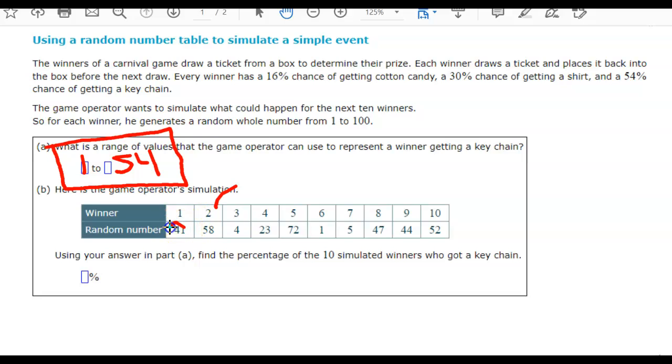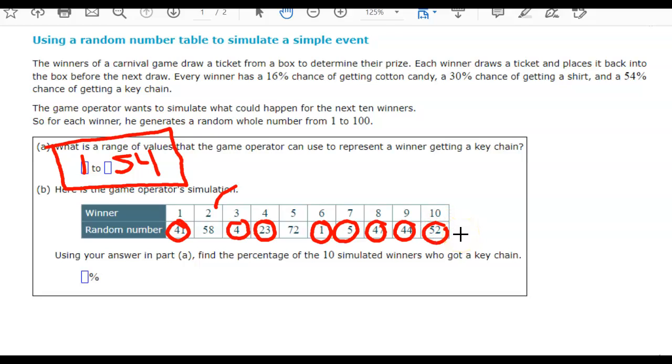So this person got a keychain, and this person got a keychain, and this person here got a keychain, and this person got a keychain. Winner number 7 got a keychain. Winner number 8 got a keychain. Winner number 9 got a keychain, and winner number 10 got a keychain.